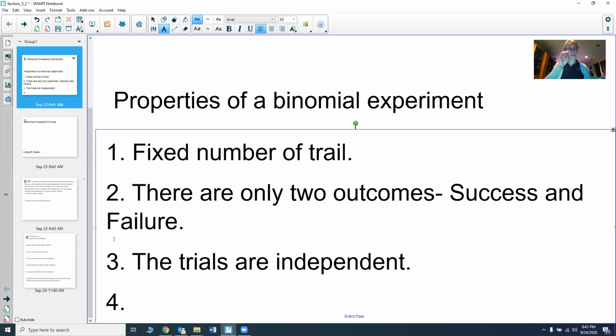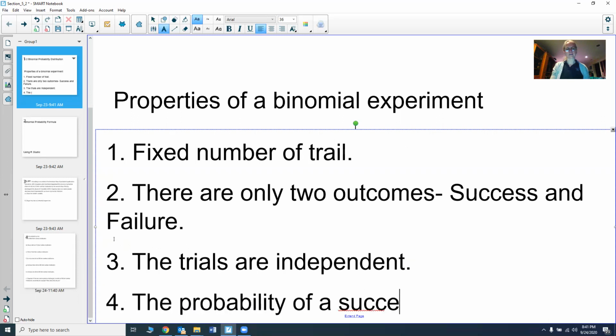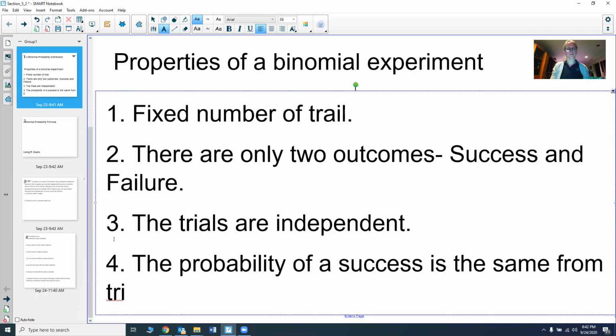And then the last one is that the probability of a success is the same from trial to trial. In other words, you'd have the exact same probability of getting your success. You have the same probability of flipping a coin and getting a head each time.